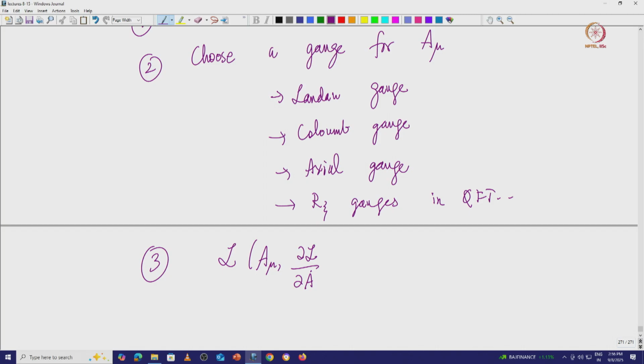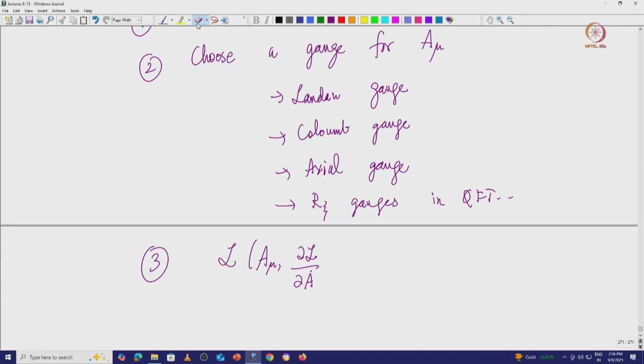Now, the point is that A dot has some complications, because A dot is nothing but k by c. Well, let me not use the word complications.